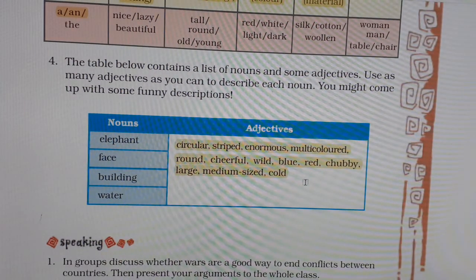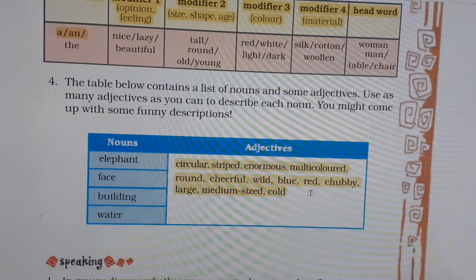Suppose I describe the face of my friend. Suppose Mr. X has a very nice circular multicolored chubby face.